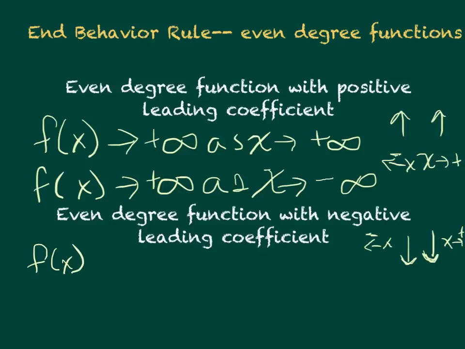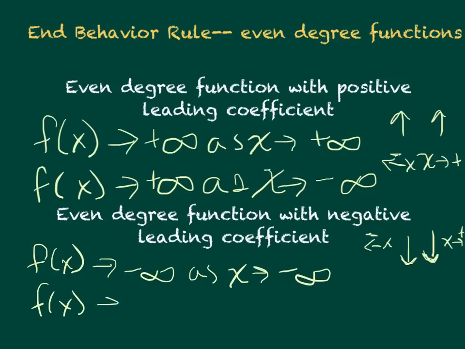So the end behavior for an even degree function with a negative leading coefficient, the function will tend towards negative infinity as x tends towards negative infinity, and the function tends towards negative infinity as x tends towards positive infinity.